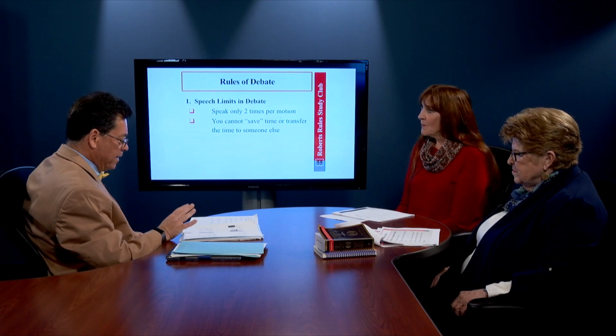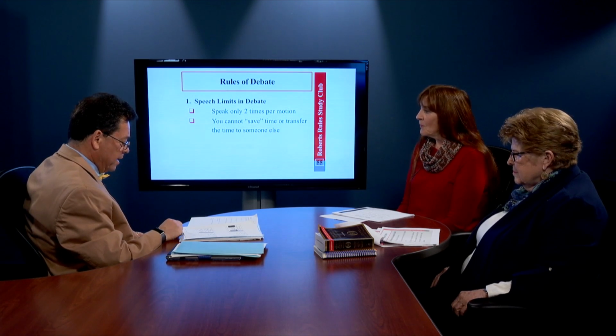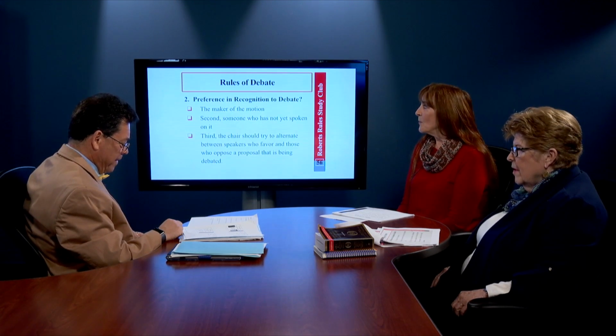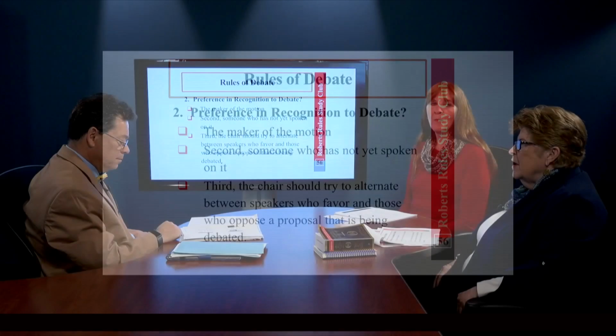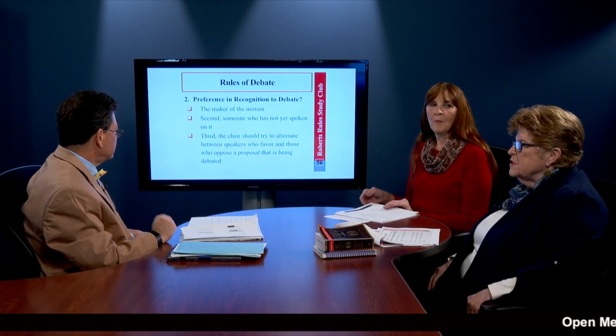And on the next slide, preference in recognition to debate. And talk about this, the maker of the motion and the steps. Well, normally, the recognition is the first person to raise their hand gets to speak first. The chair recognizes people in order. However, there are some exceptions, and the first exception is that the person who made the motion gets to speak first in defense of the motion.